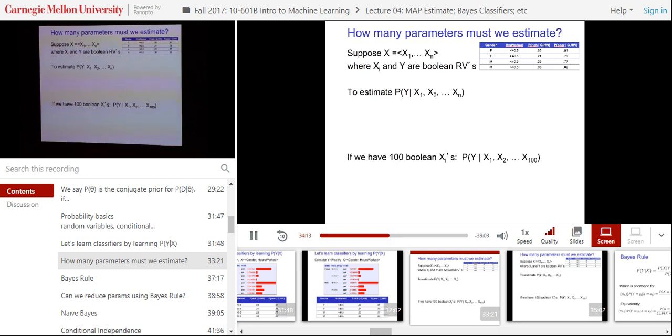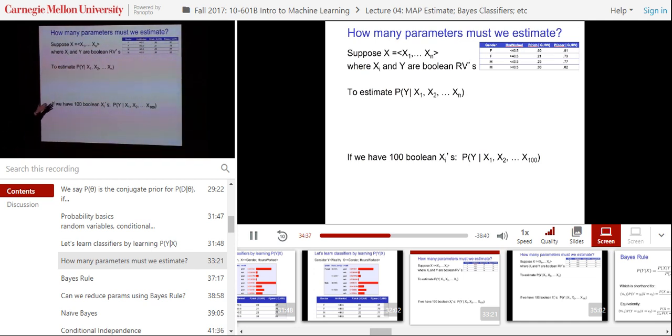So just to get a feel for that again, if I have, in general, a table with, let's say, n plus 1 entries, and they're all Boolean random variables, and I want to pick one of them to be the variable I'm predicting, I'll call that y. And the other n variables will be the things from which I do the prediction.